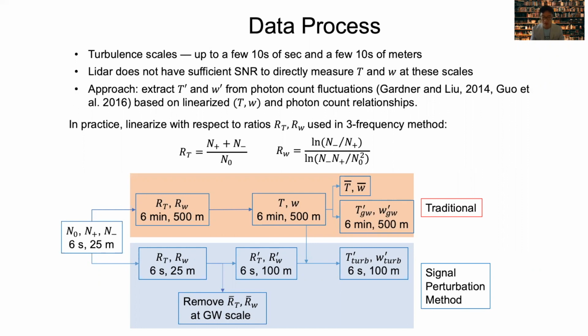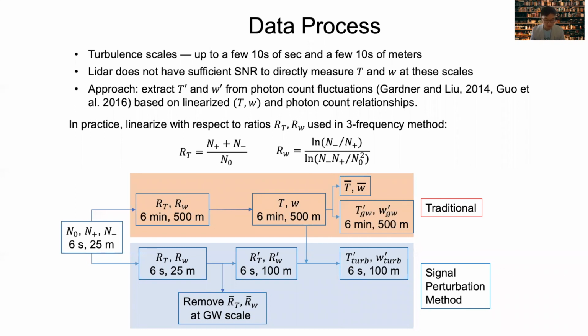This approach is called the signal perturbation method. Detailed processes are derived in Gardner and Liu 2014, Guo et al. 2016. In practice, T and W are linearized with respect to the ratios RT and RW used in the 3-frequency method.